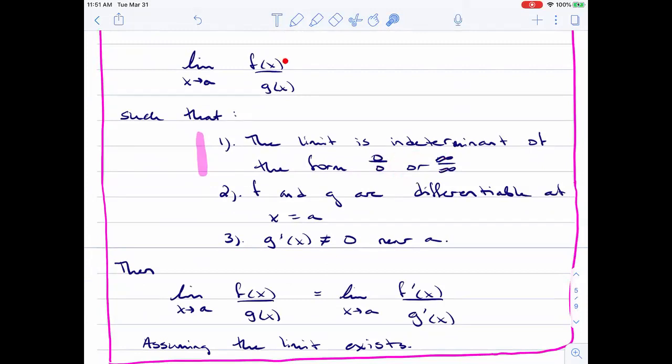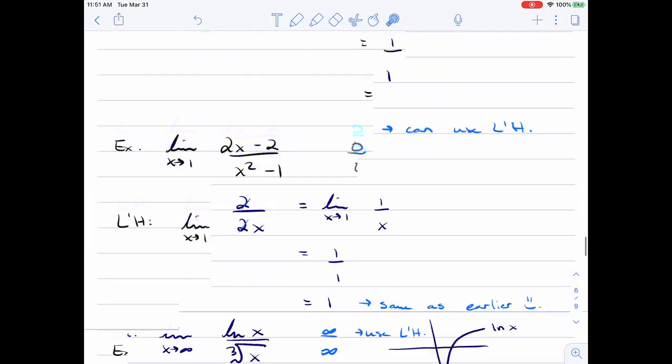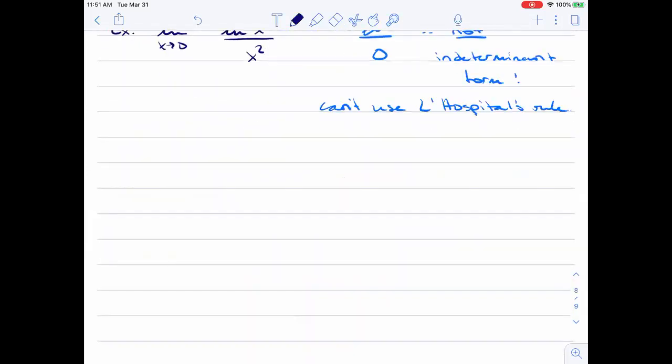This hinges on it being a fraction. There are going to be cases where we have to rewrite our function as a fraction, kind of reword g of x or f of x to make it look like a fraction. Then we can apply L'Hopital's rule.